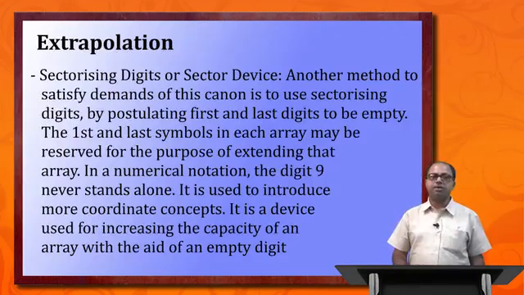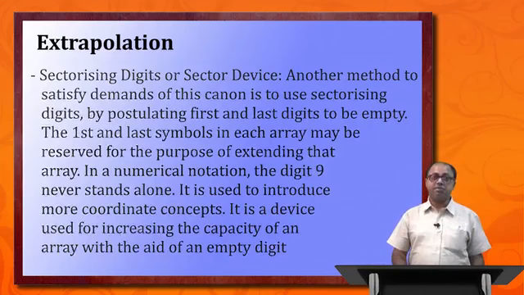In a numerical notation, the digit 9 never stands alone. It is used to introduce more coordinate concepts. It is a device used for increasing the capacity of an array with the aid of an empty digit.